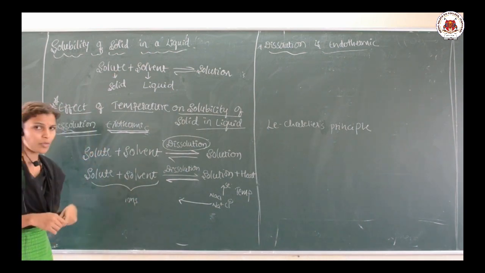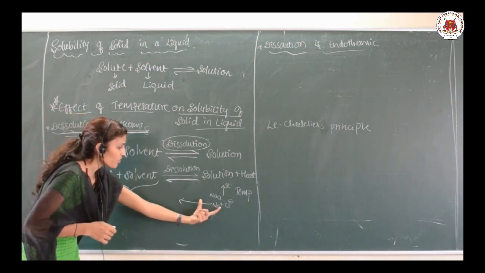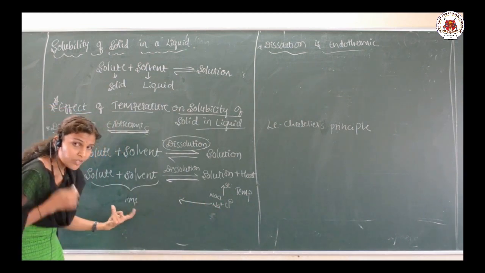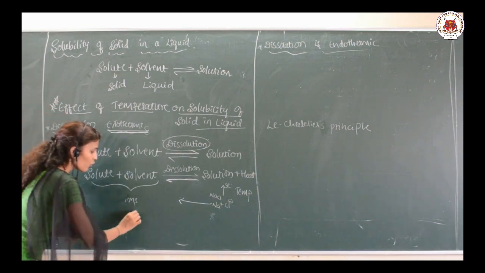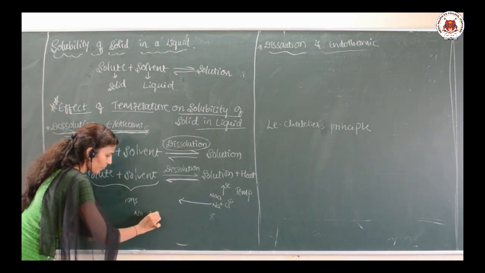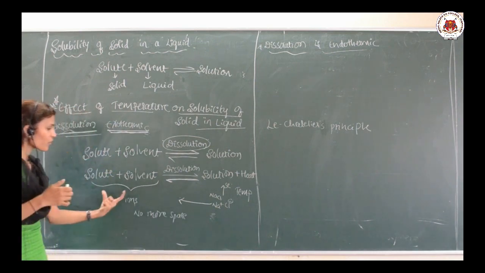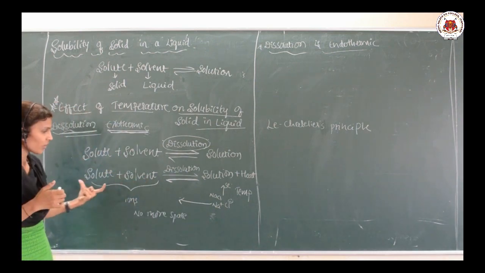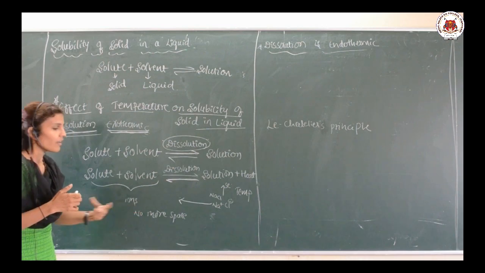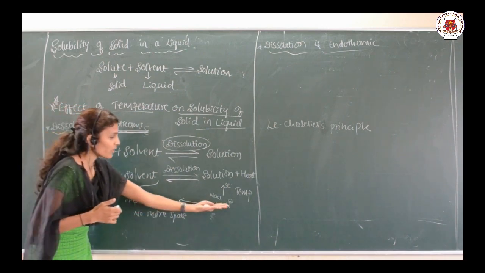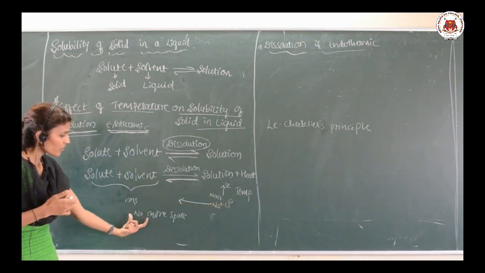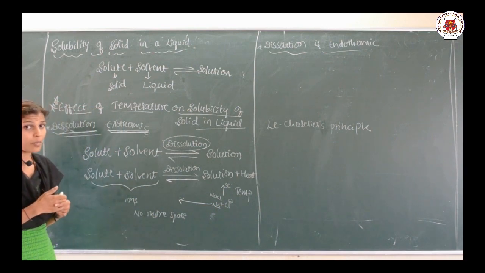Already these are soluble. Now where is the space for these ions to dissolve? There is no more space here because the ions are already present. Whatever ions are coming here, there is no space for solubility.